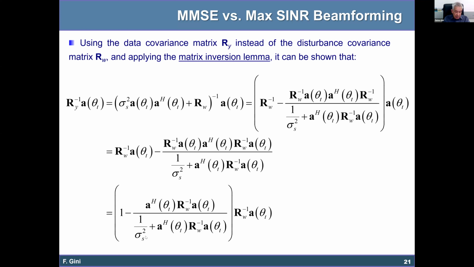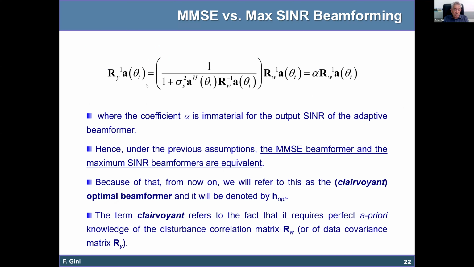So this term in matrix is a scalar. So in other words, the optimal MMSE beamformer is a scalar version of the optimal SINR beamformer. So the difference is only the scalar alpha.